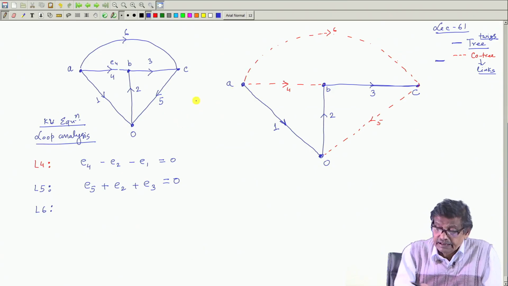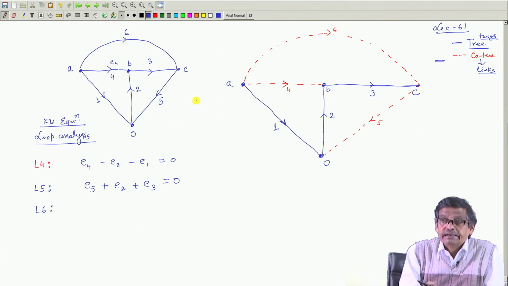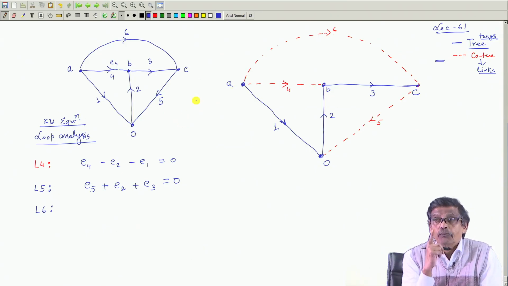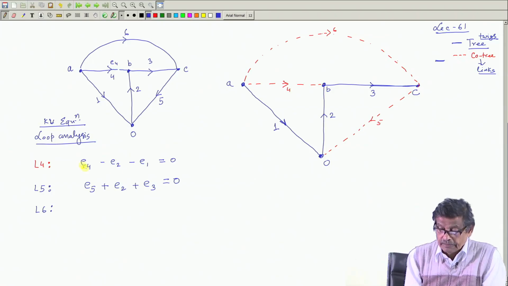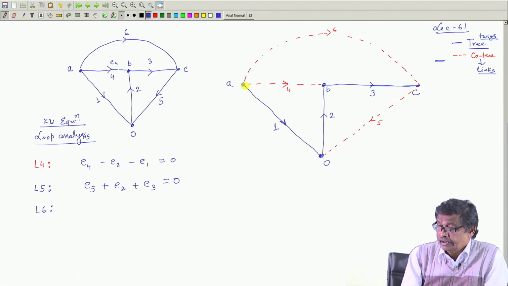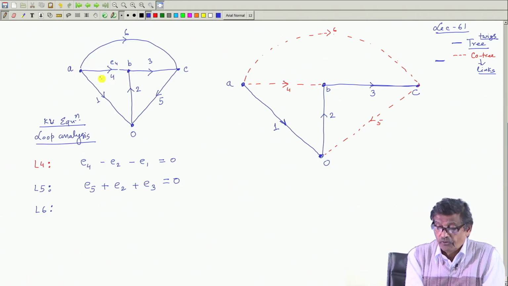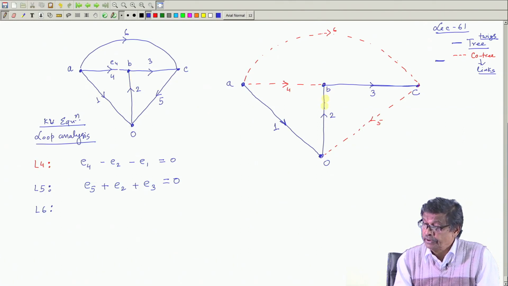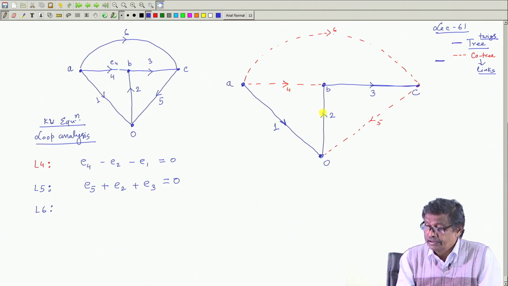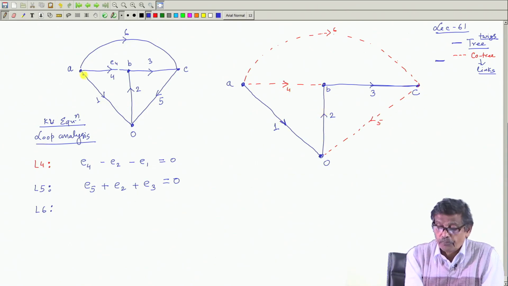In the loops that you are writing KVL, there should be only one link present. Why? Because while writing this KVL equation, I took only one link L4 and the other two are twigs. So, one link and two twigs formed loop 1.